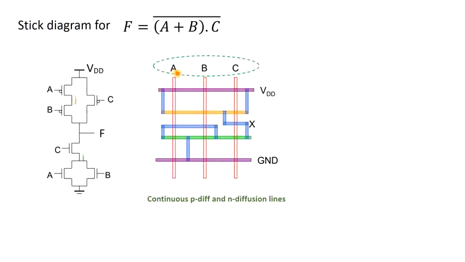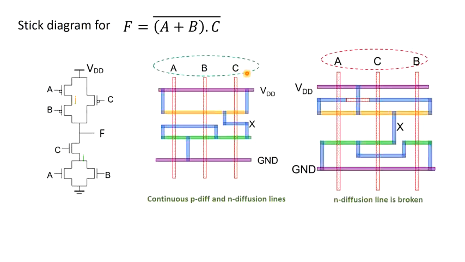But see here, we have used the ordering of gates in this fashion: A, B and C. Is there any reason? We could have used a different fashion, for example A, C, B. What is the difference?